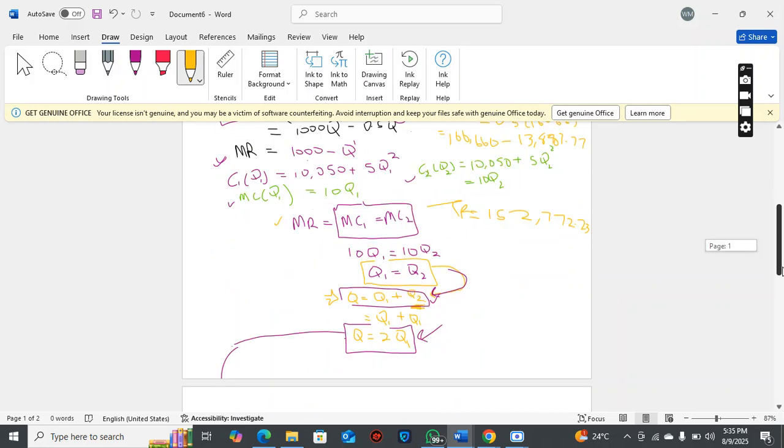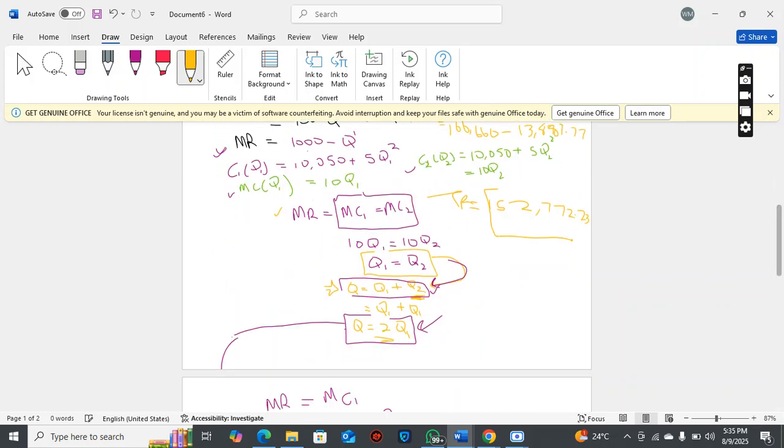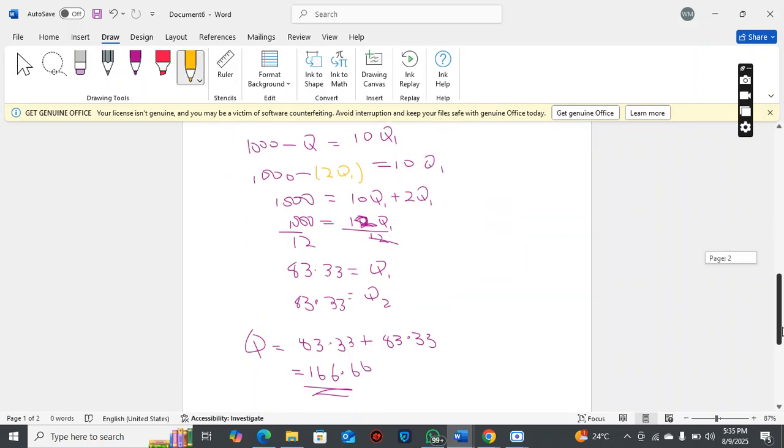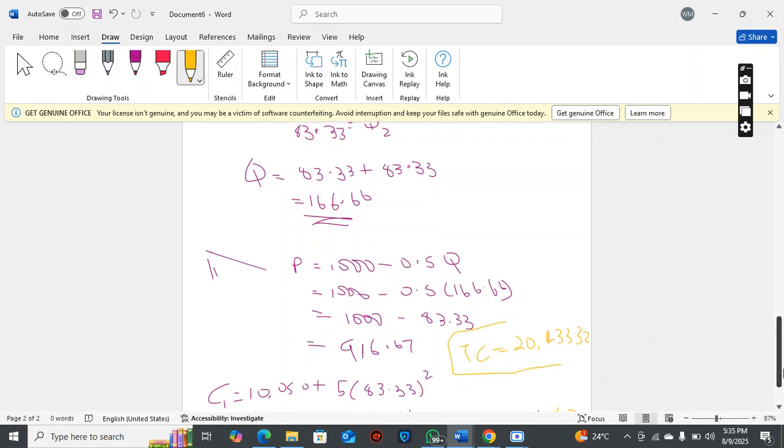So to get our profit, it's this total revenue, 152,772.23, minus our total cost, 20,433.32.